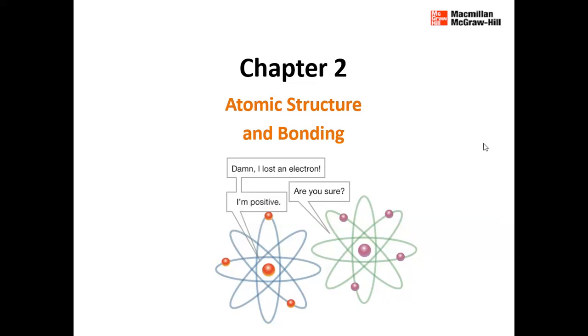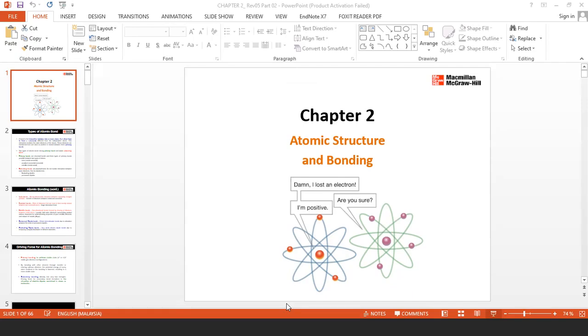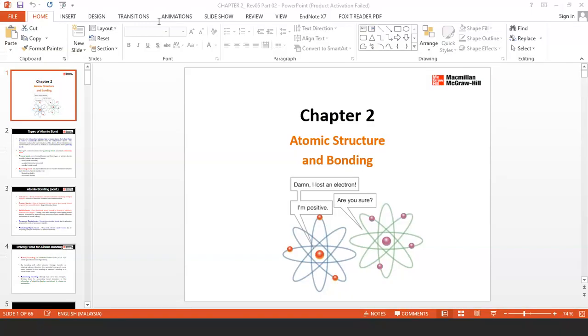Can you give any suggestion? What is the chemical bonding? What are the chemical bonding goals actually? Or you want to use Padlet? You can write in the Padlet. Okay, I see: to attain stability. Yes. Good.